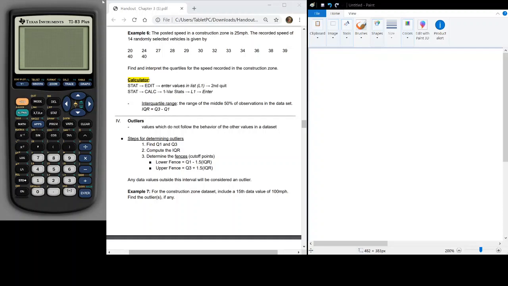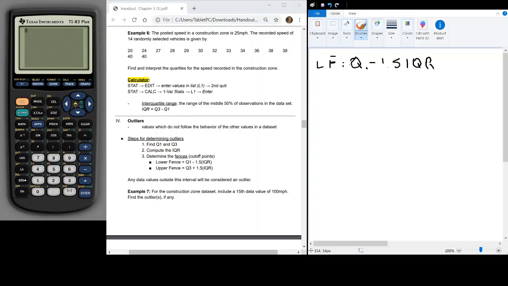When it comes to the formula, the lower fence is equal to Q1 minus 1.5 IQR.